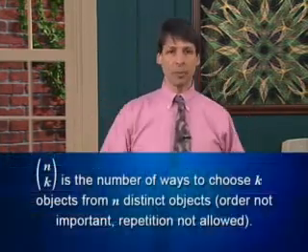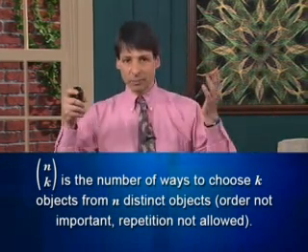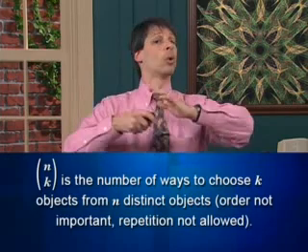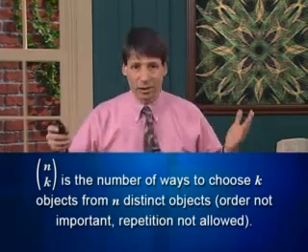Now here's the informal definition for n choose k. This is the way I think about it. N choose k is the number of ways to choose k objects from n distinct objects where the order is not important and repetition is not allowed.